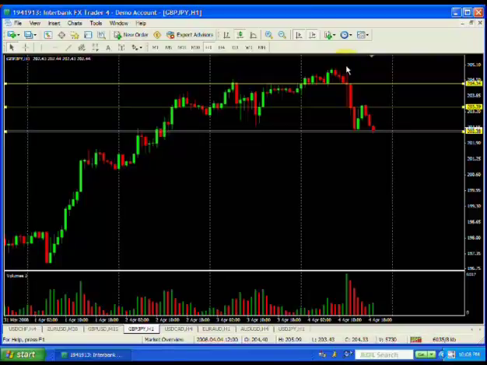I'm not sure if I really covered this too much with you before, but anytime you're playing a breakout and we get a breakout above that closing high or breakdown below that closing low, if you don't get a close below that shadow or a close above that shadow, it's time to get out.